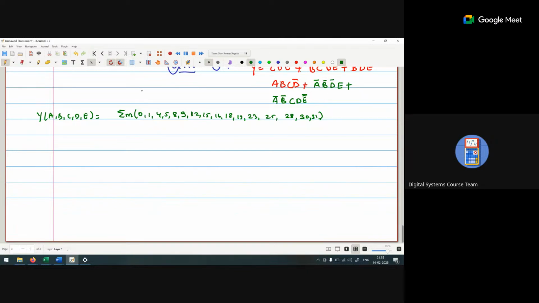Now the MSB is A. So what should I do? I just create two matrices for the MSB.